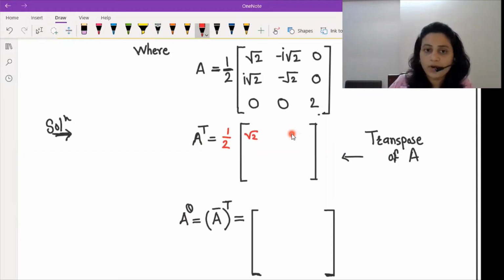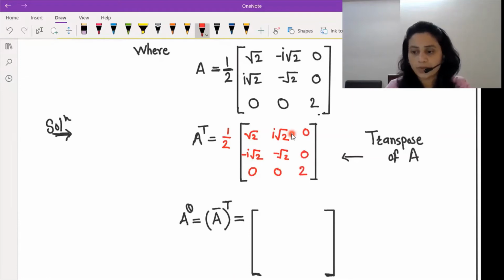So the first row will become my first column, the second row will become my second column, and the third row will become my third column. This is the transpose, interchanging rows and columns.